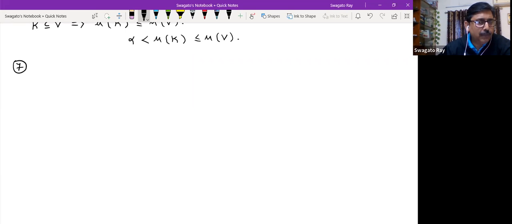So far, we have countable subadditivity. We don't have any countable additivity. Let's make some baby step towards that. So suppose K1, K2 are disjoint compact sets. Both compact.